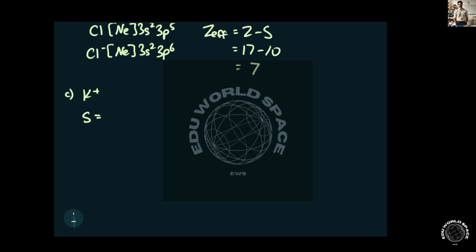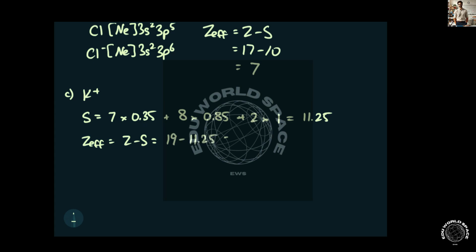So the shielding constant is equal to 7 times 0.35 plus 8 times 0.85 plus 2 times 1, which is equal to 11.25. So the Z effective is equal to Z minus S, which is equal to 19 minus 11.25, which is equal to 7.75.